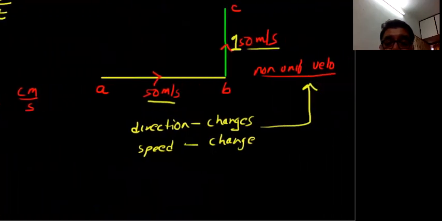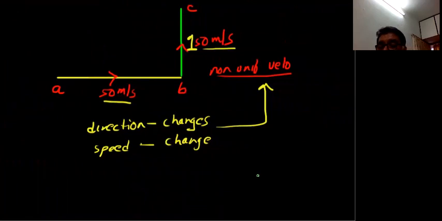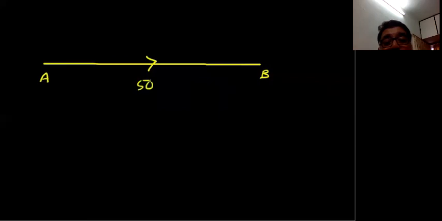So now that we have talked about non-uniform velocity, let's try to figure out what is a uniform velocity. Again, we'll take the same car example. A car starting from point A goes to point B. The direction of the car is from left to right. And let's say the car is traveling at 50 meters per second.